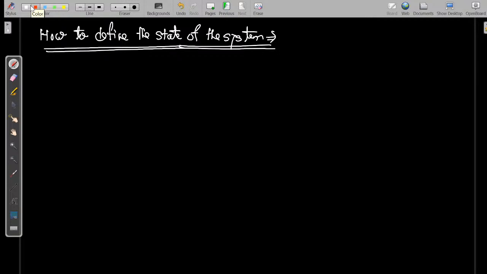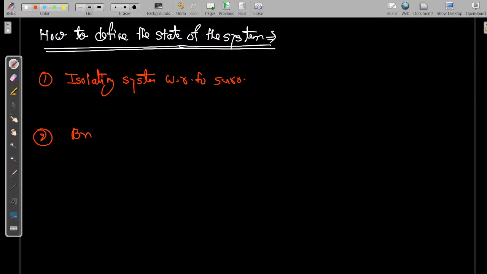First one is isolating the system with respect to surrounding. Second one is bringing the system to dead state. Okay, what do you mean by these two methods or these two statements?